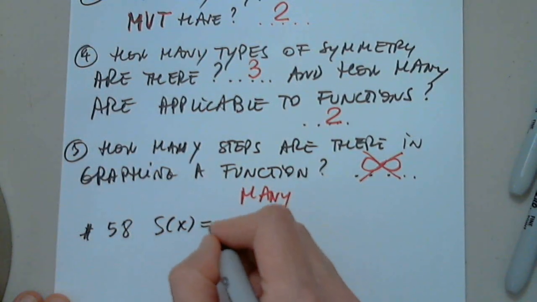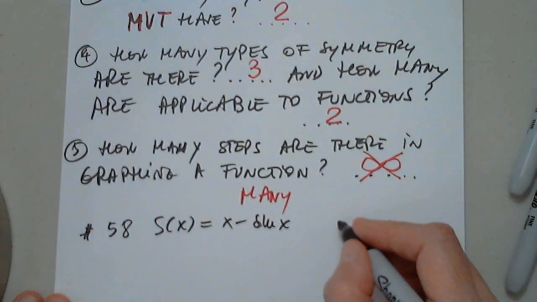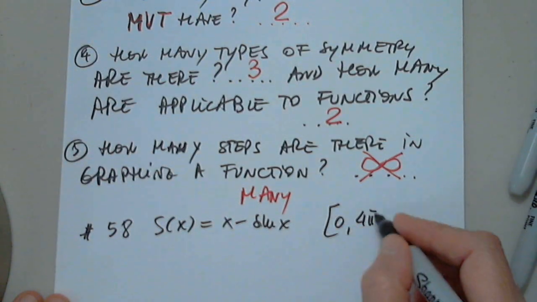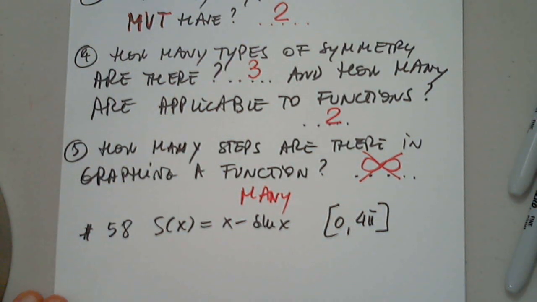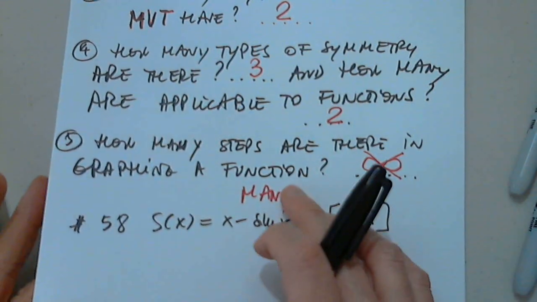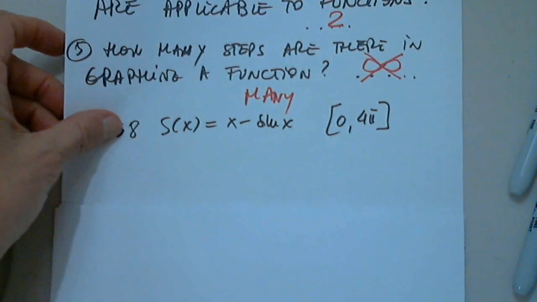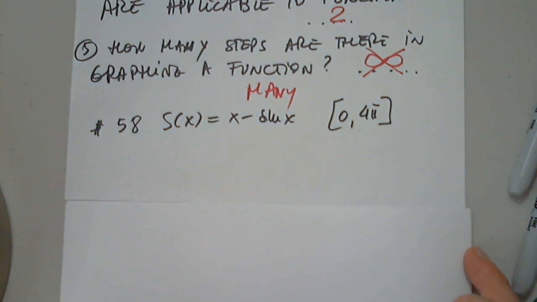So S of x equals x minus sine x, and they're telling us two complete rotations between 0 and 4 pi. Okay, perfect. So remember what we did last time? It took me, I don't know, 20 minutes or more. This time we're going to go much faster through those steps. I'm hoping that everything will be even clearer now.